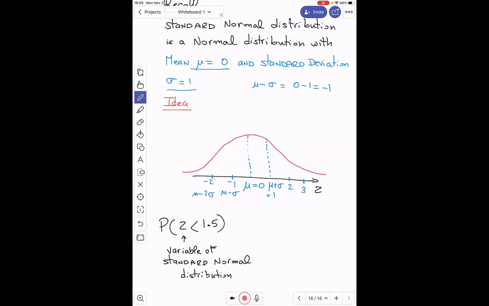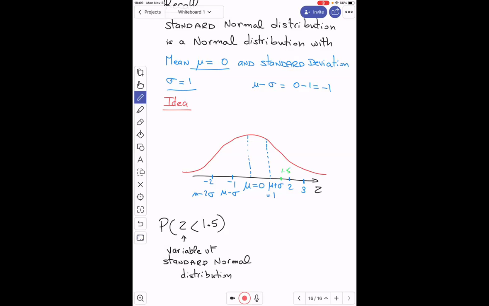You have your 1.5, which is between 1 and 2.